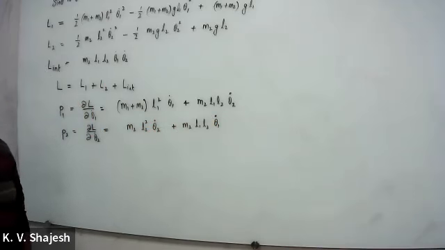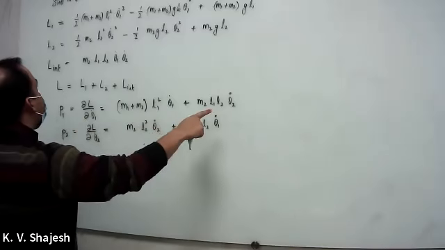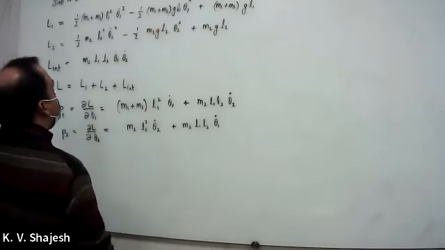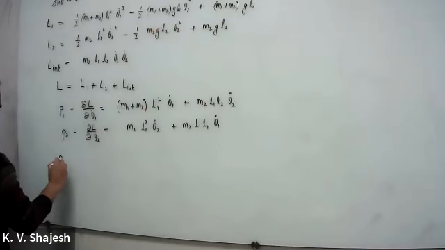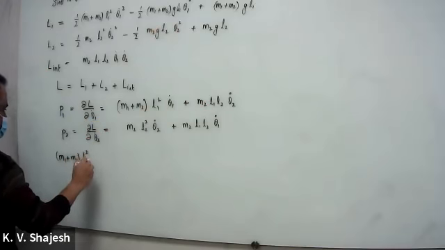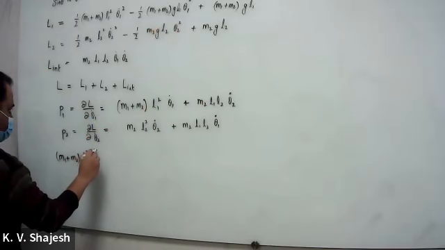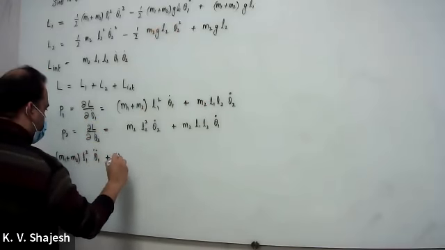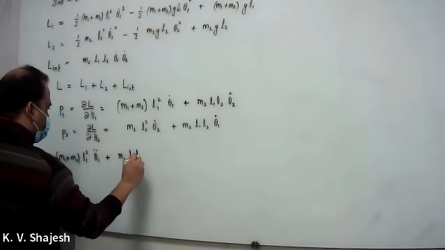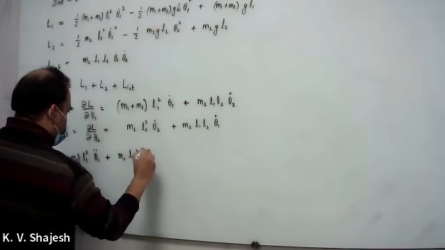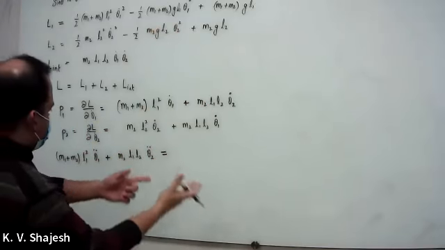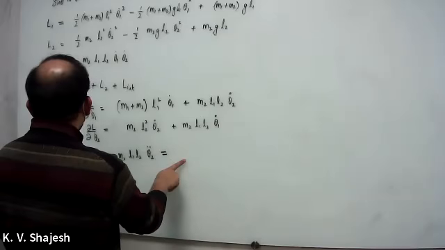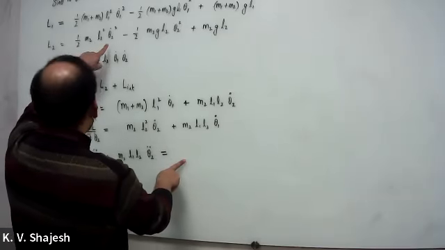So my Euler-Lagrange equation will be that the time derivative of this has to equal the derivative with respect to the angles, right? So the time derivative of this will be (m1 plus m2) L1 square theta 1 double dot plus m2 L1 L2 theta 2 double dot, which is equal to the derivative of the Lagrangian with respect to theta 1.